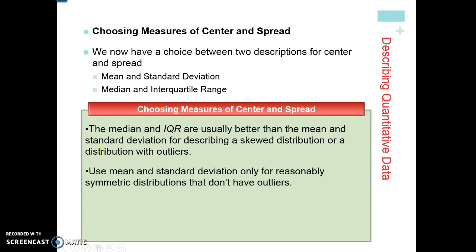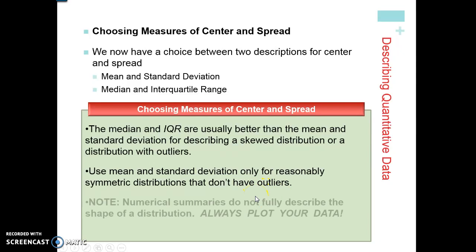You're going to use the mean and the standard deviation only for reasonably symmetric distributions and those that don't have outliers. So if you have major outliers, do not use the mean and the standard deviation.